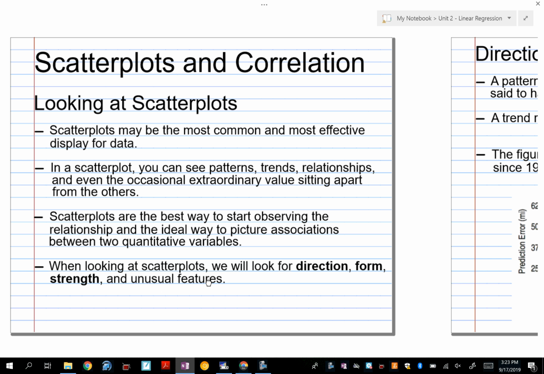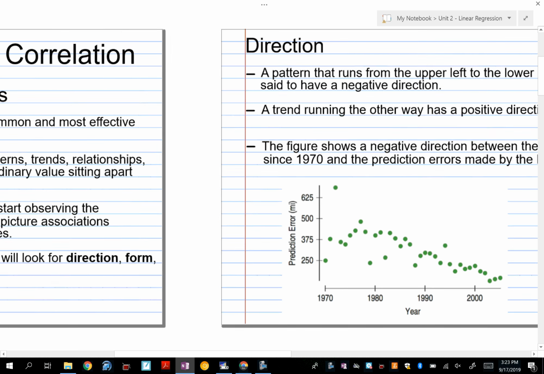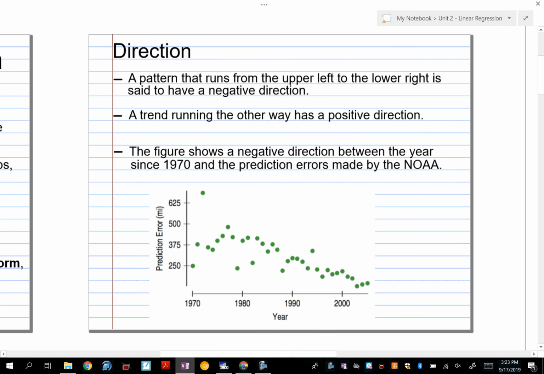Shape, center, spread. You're going to need them on the midterm and on the final, but ultimately we're putting those to the side for now, and we're focusing on direction, form, and strength. And then unusual features, possible outliers.